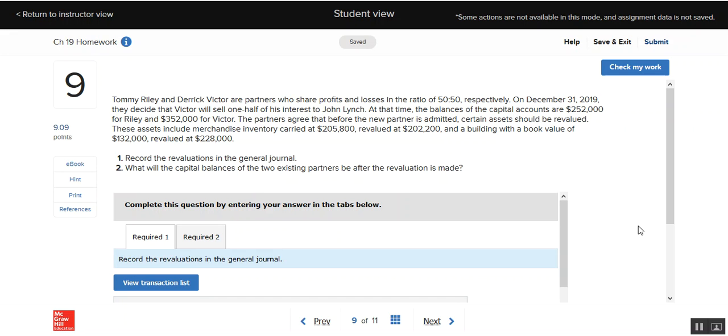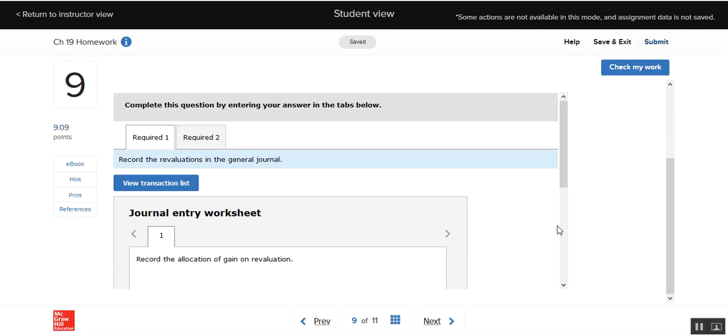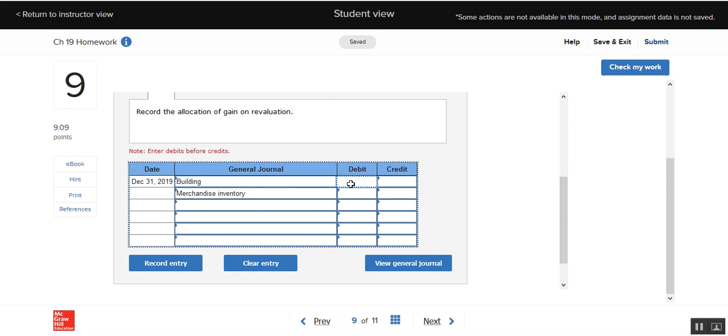All right, it says that the building had a book value of $132,000 and they've revalued it up to $228,000. So if I take the $228,000 and subtract the $132,000, that's actually an increase of $96,000. So we're going to write up our building $96,000.